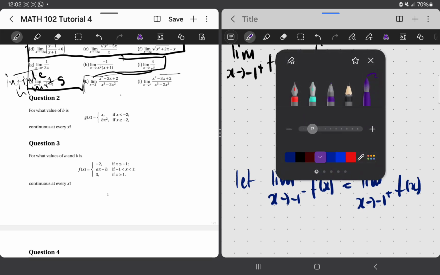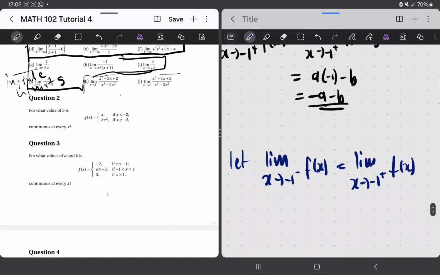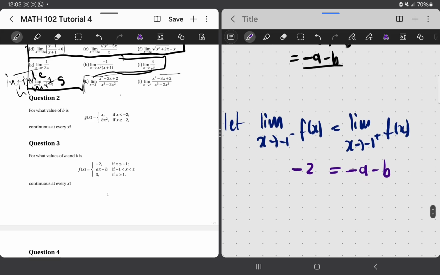And what is that going to be now? As we come from the left, what did we find it to be? Negative 2. It should be equal to what we found the other one as: negative a minus b. So negative 2 should be equal to negative a minus b.